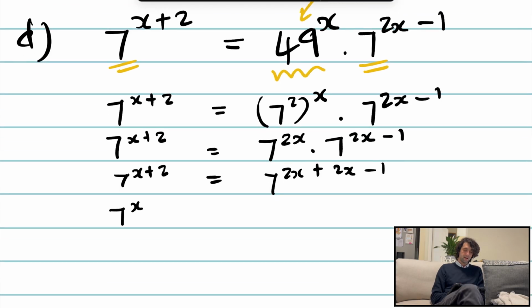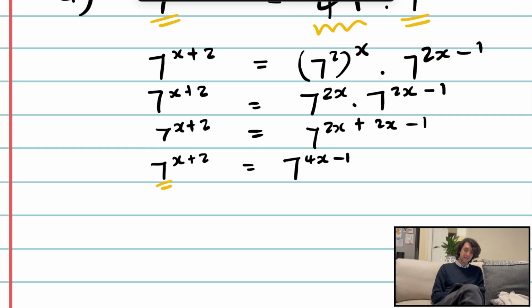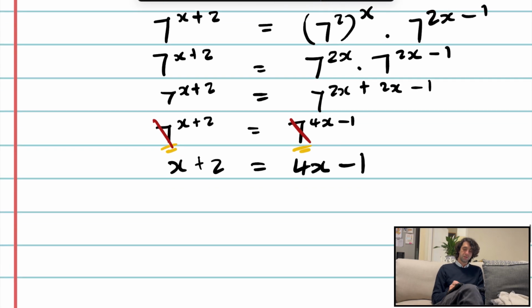So 7 to the power of x plus 2 is equal to 7 to the power of 4x minus 1. Okay, and now that we have these bases on their own, we can drop these bases. What we get is x plus 2 is equal to 4x minus 1. And we can solve this using our typical methods.